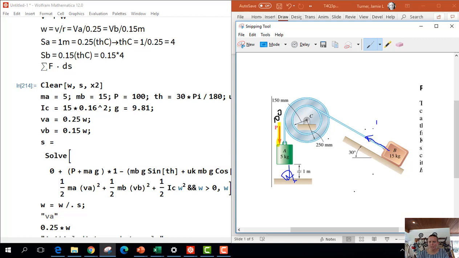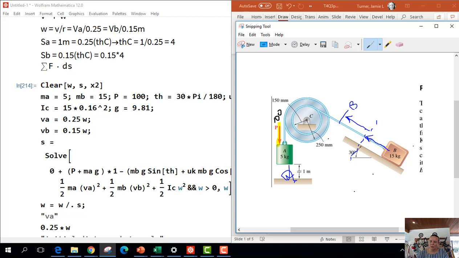Okay, so this is where B is at when A hits the ground. So as soon as A hits the ground, there's no more force, but it has a little bit of momentum, right? So this thing is still turning. So B is going to continue to slide up the hill because it has that initial velocity, until B finally comes to rest at some new location right here.